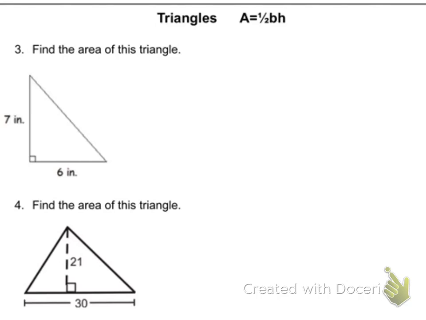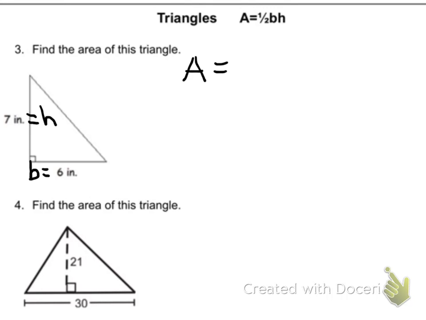Find the area of this triangle in number 3. We will use the triangle's area formula of area equals 1/2 base times height, where B is the base and H is the height. So let's mark our figure. Base equals 6 and the height equals 7.